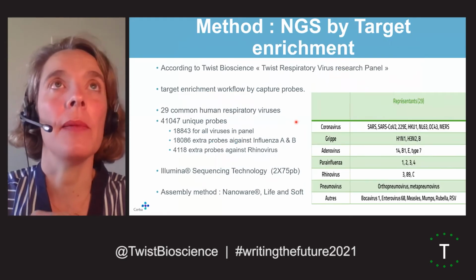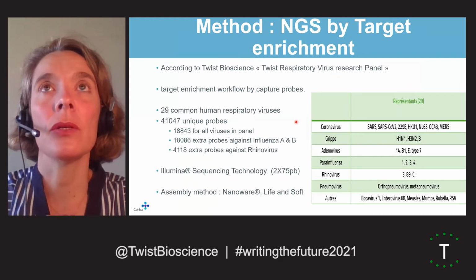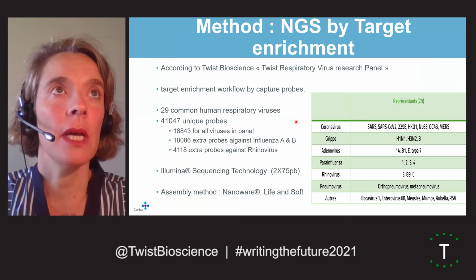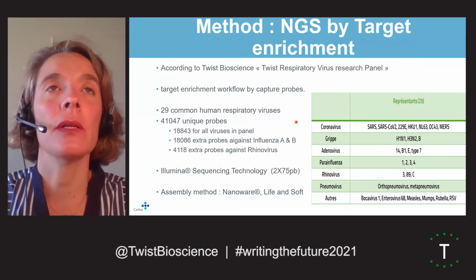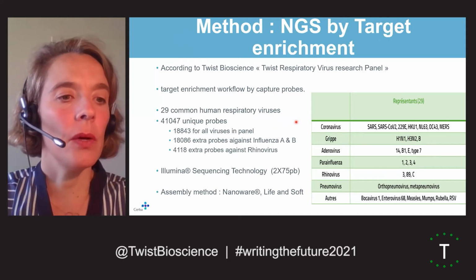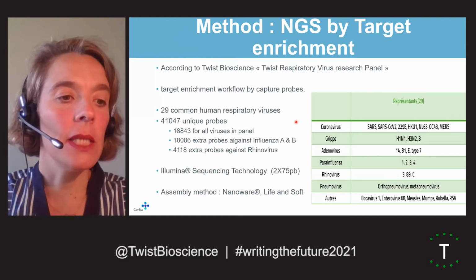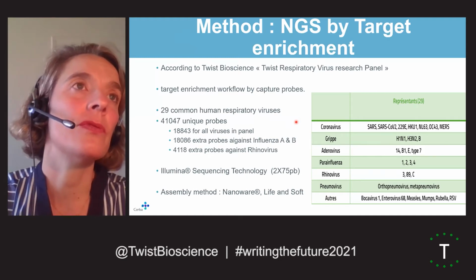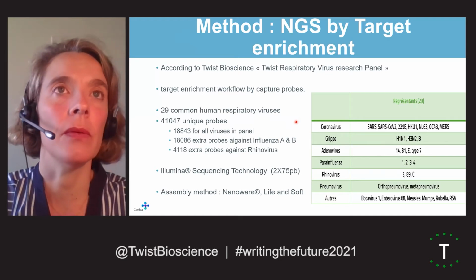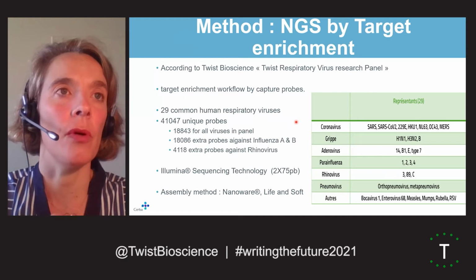At Cerba Lab, we chose the solution by target enrichment according to Twist Bioscience and the assay, the Twist Respiratory Virus Research Panel. We chose a method by target enrichment by capture probes, and it is possible to search for 29 common human respiratory viruses thanks to its 41,047 unique probes.